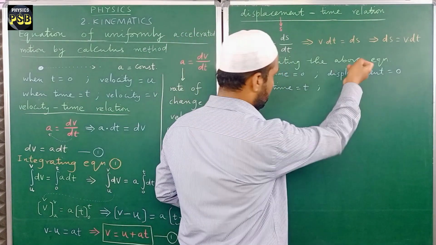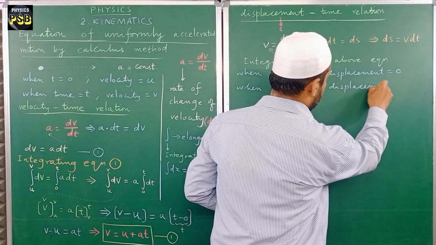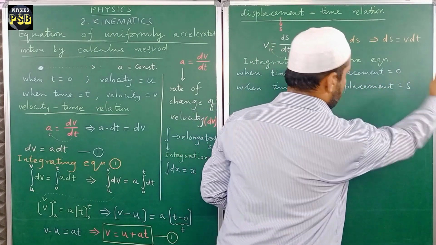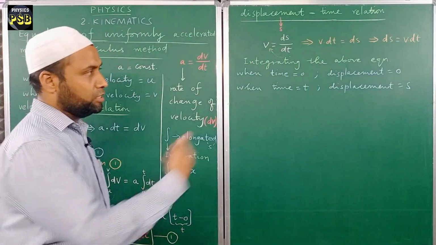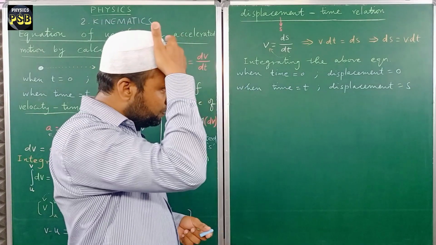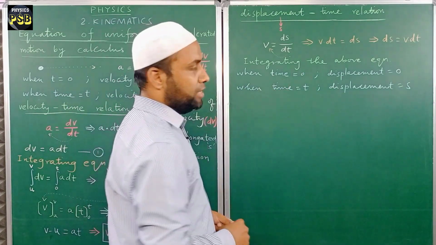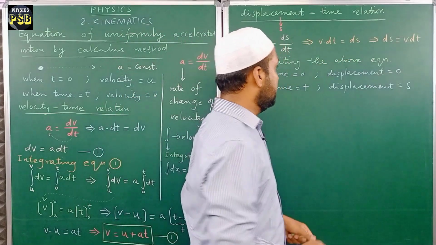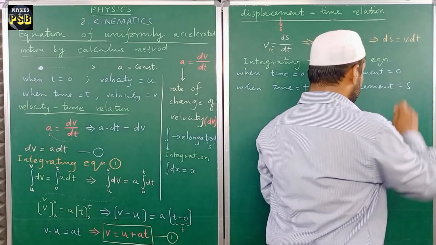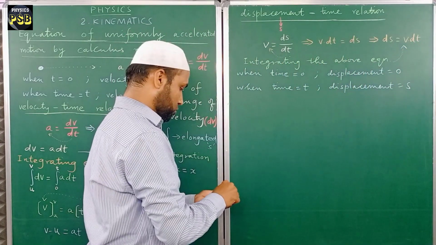Okay, then displacement is taken as s, the final value or highest value of s in our case. Now with these values, I am going to integrate this equation. Okay, let's do it.